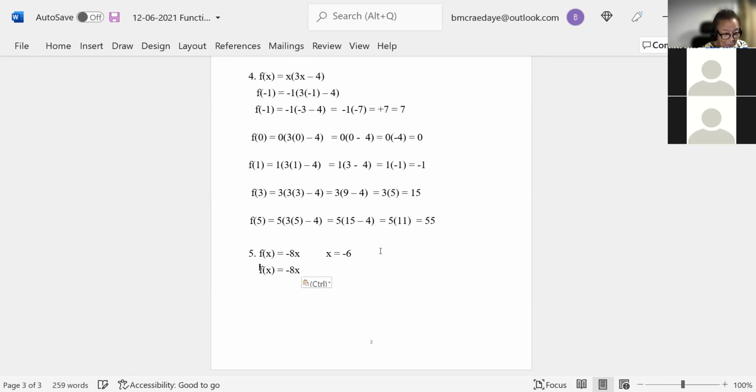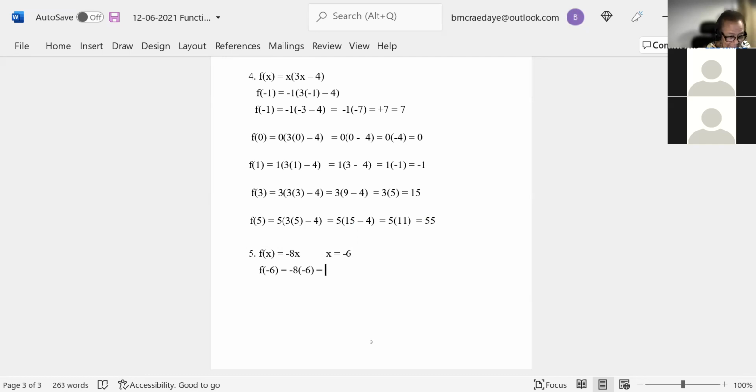And this one you can do in your head, right? So f of minus 6, that's the input. And wherever you see an x, the input, you want to put the minus 6. Okay, so what's minus 8 times a minus 6, Chastity? 48.